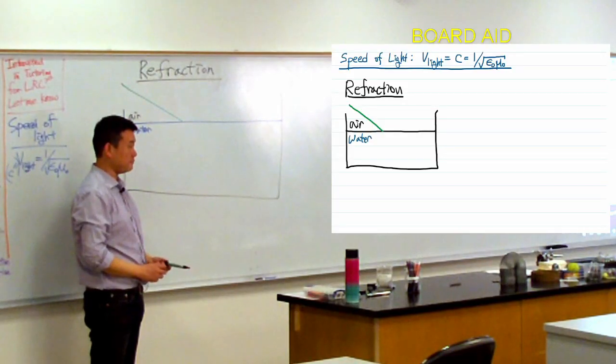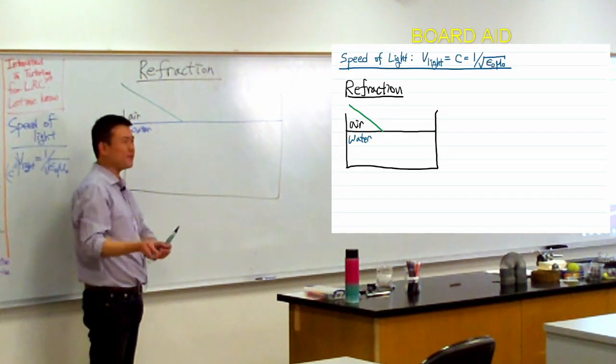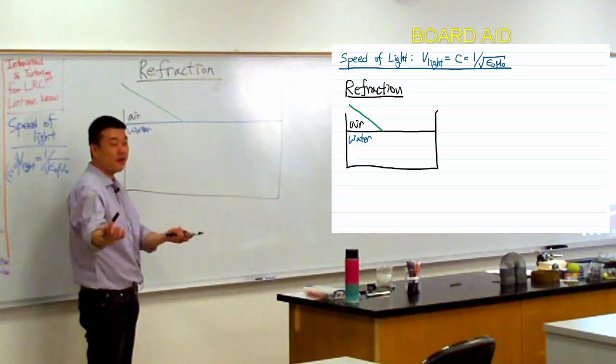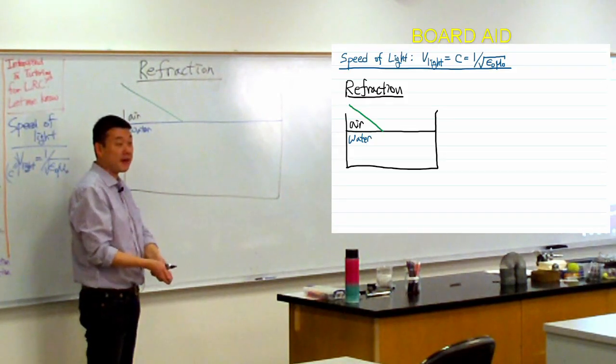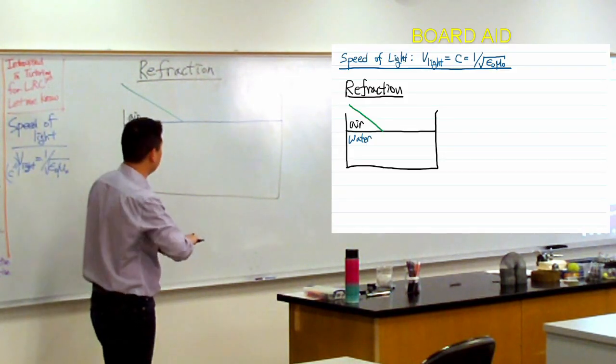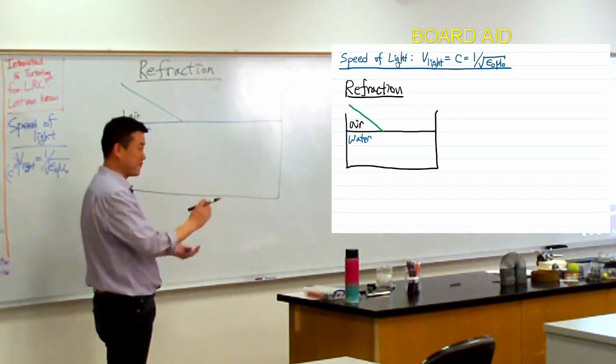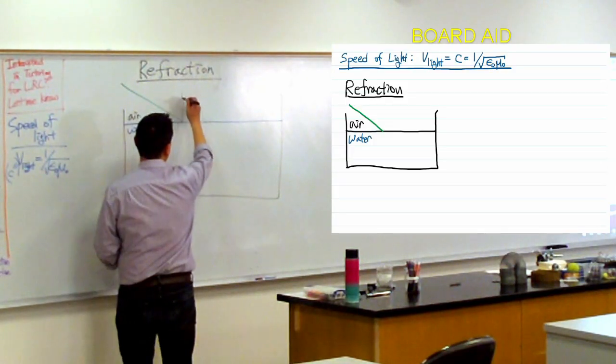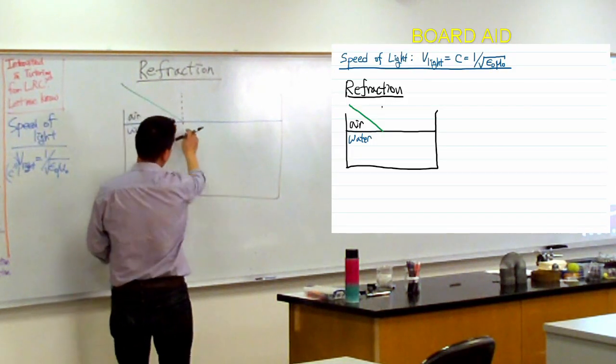Changes direction, right? Most of you somehow know this. I don't know who told you this for the first time or when you might have noticed it for the first time, but most of us have an intuition from just living in the world that this changes direction.